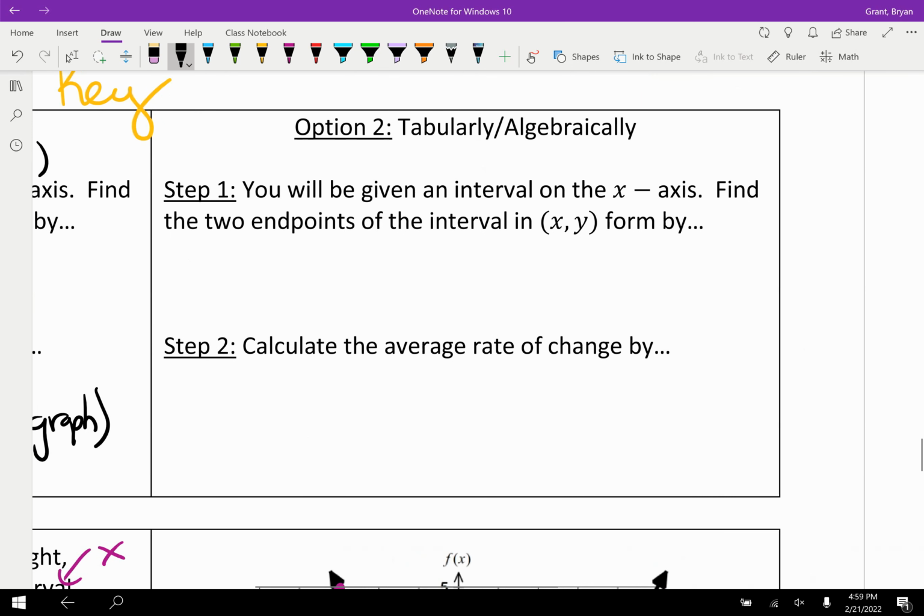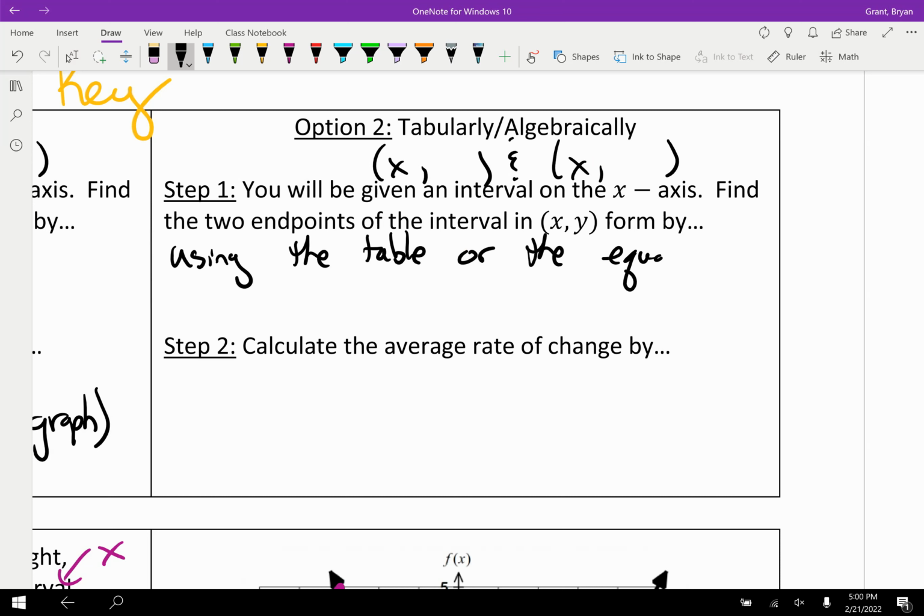Last but not least, if you are given a tabular or algebraic situation, same idea, you're given x comma something and x comma something, we need to start by finding the y's. How do we find the y's? Well, by using the table or the equation to find the y values.